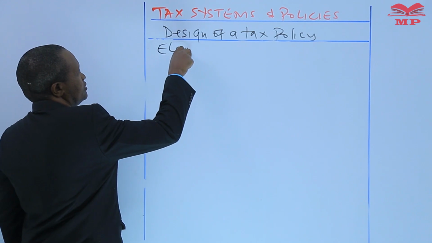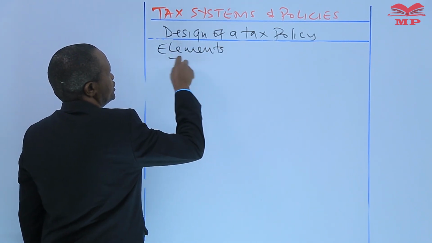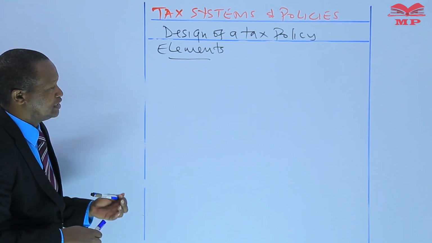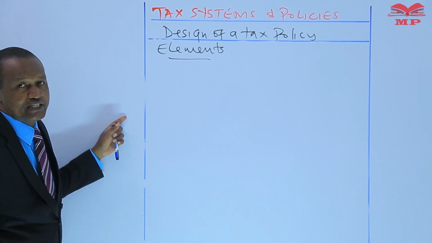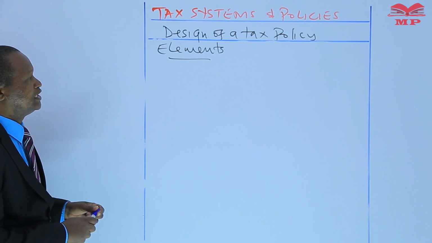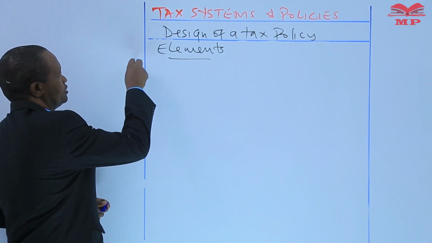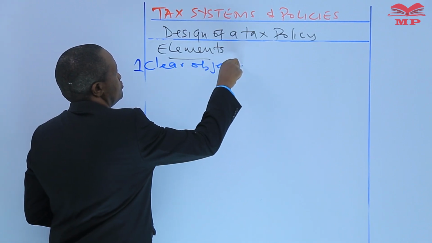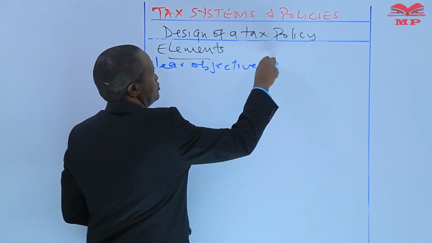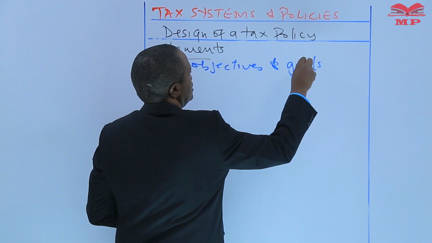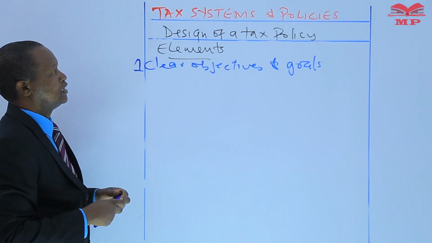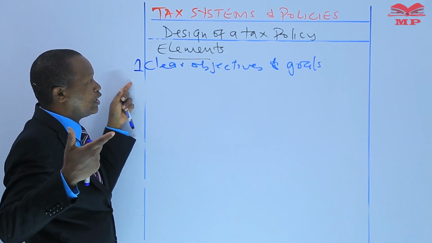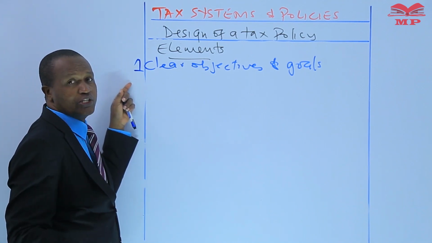Elements to consider. Now, the first element, obviously, is clear objectives and goals. Number one, if a tax policy is to be designed, then it has to begin with objectives. What are the goals? What are the objectives?